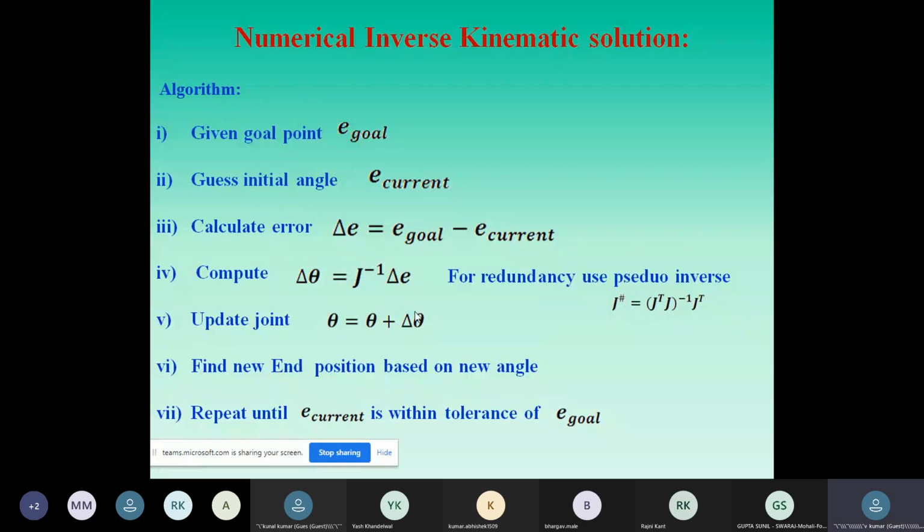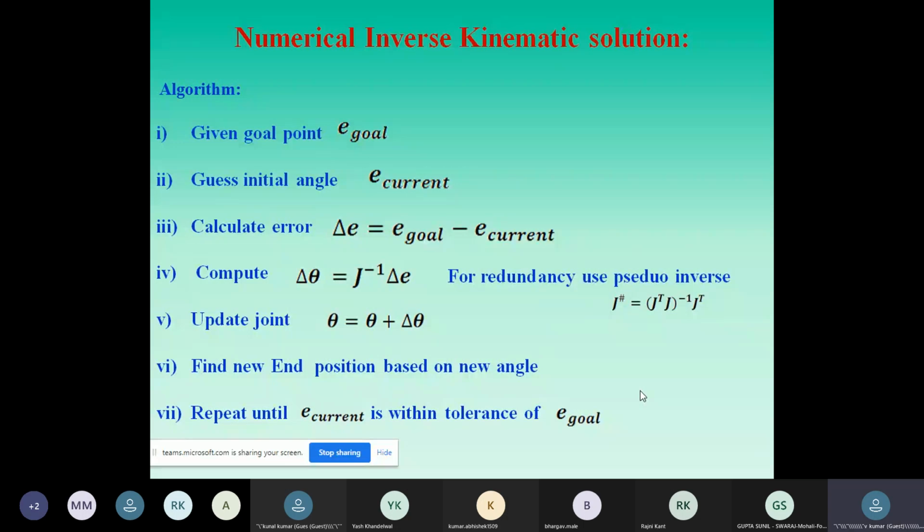Repeat this process, steps 1 to 6, until the current position is within the tolerance of E goal, meaning it is very close. Then we say that the manipulator end effector reaches the goal point.